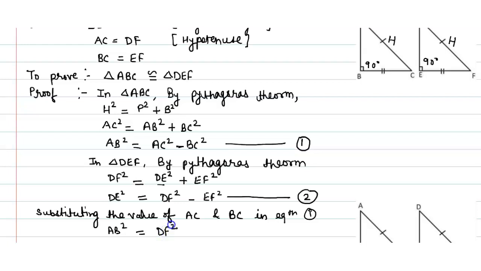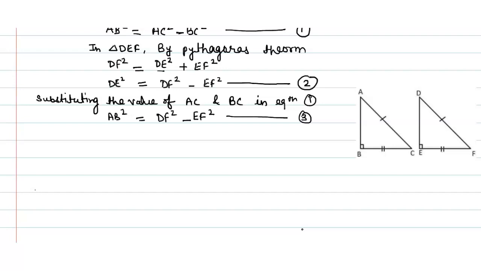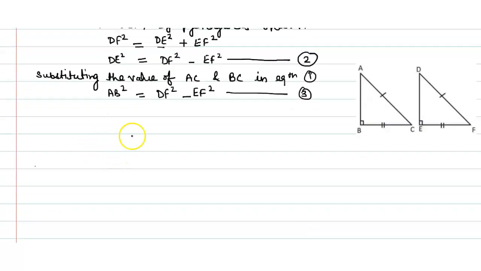So DF square, and in place of BC we will write EF square. Okay, name this equation 3. Now from equations 2 and 3 we observe that the right hand side of both the equations are equal. Here also DF square minus EF square, and here also DF square minus EF square. So the left hand side will also be equal. So DE square will be equal to AB square.